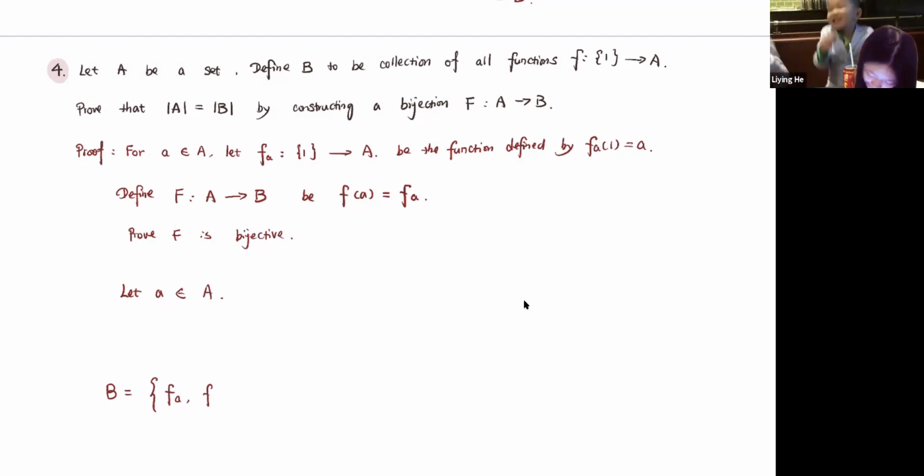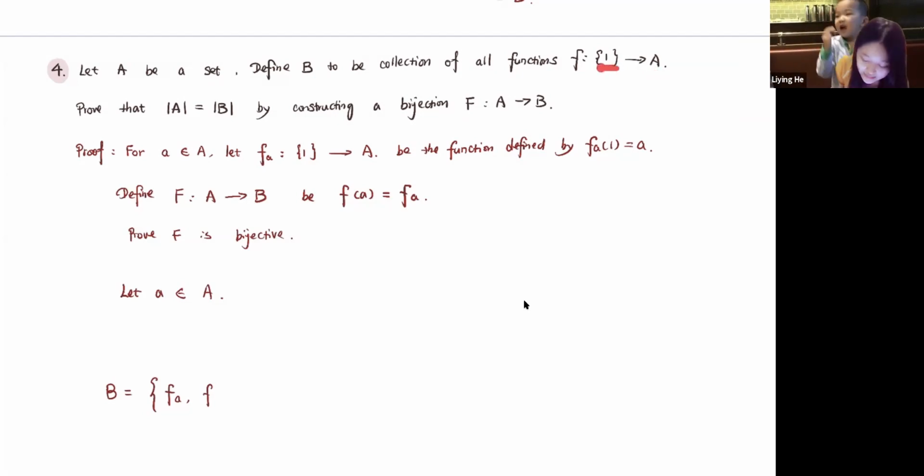Since B is a collection of all functions that map from 1 to A, and your domain has only one element, it can only map this element to one other element. Because it's a function, you cannot map this to two different elements. So you can only map this to one element in A. Does that make sense?